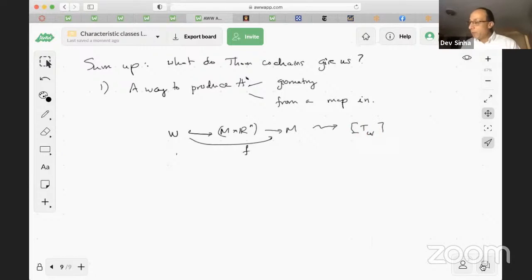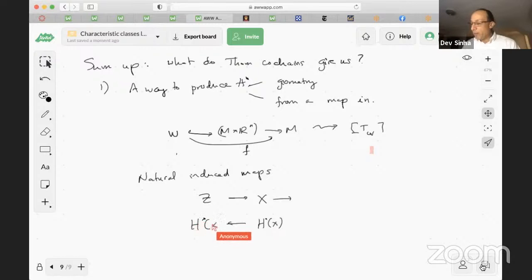Usually, the natural induced maps, a little bit redundant in that language, but if I want to understand the cohomology of X, well, if I have a map to X, then that gives me a place to map the cohomology of X, and maybe I show something is non-zero by showing it's non-zero in the cohomology of Z. So that's not a way to produce cohomology, that's a way to detect cohomology.